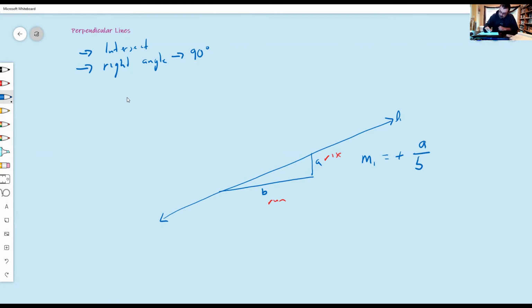Now, I want to draw a line that's perpendicular to this. So I mean that I need to make it square. So I'll do my best. Here's line 2.